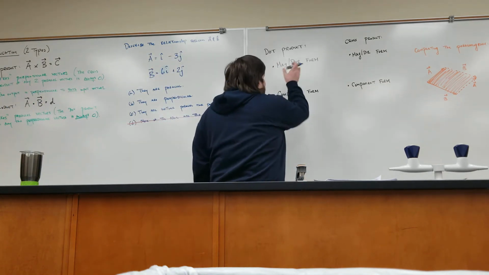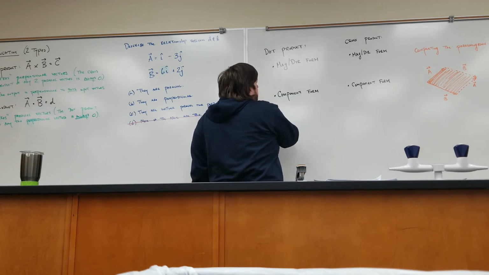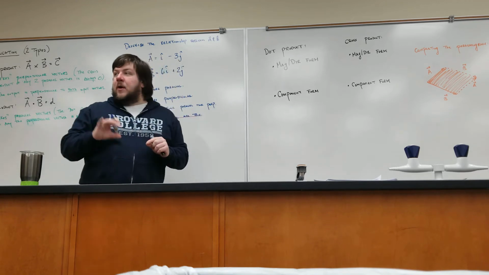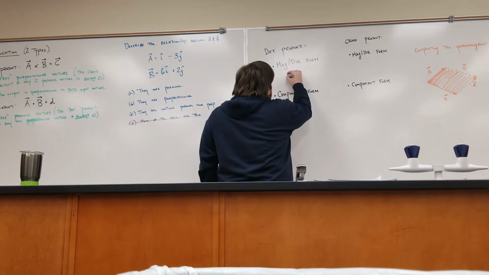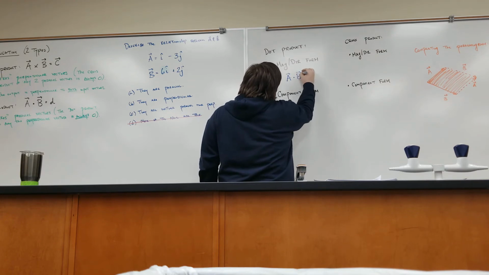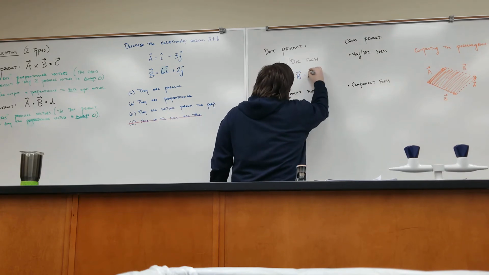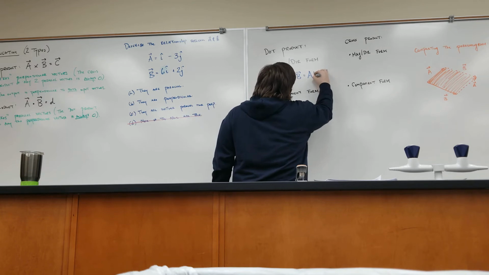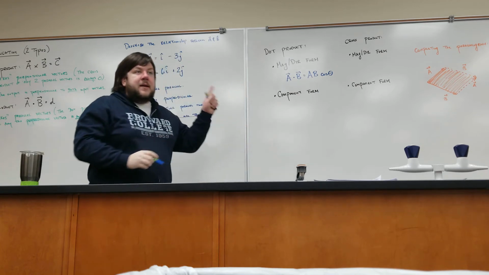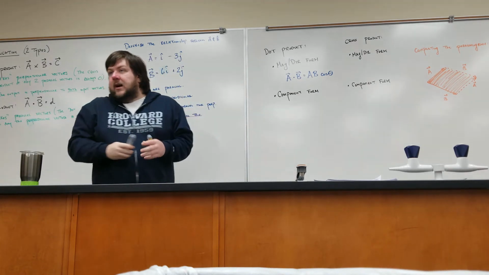Okay? The magnitude and direction form, if you know the magnitude of A and you know the magnitude of B, and you want to take the dot product of A and B, then A dot B is going to equal the magnitude of A times the magnitude of B times cosine of theta, where theta means something very specific here.